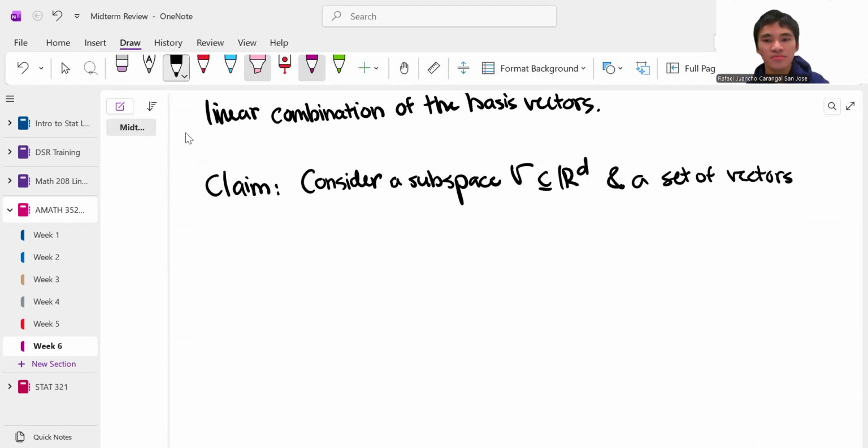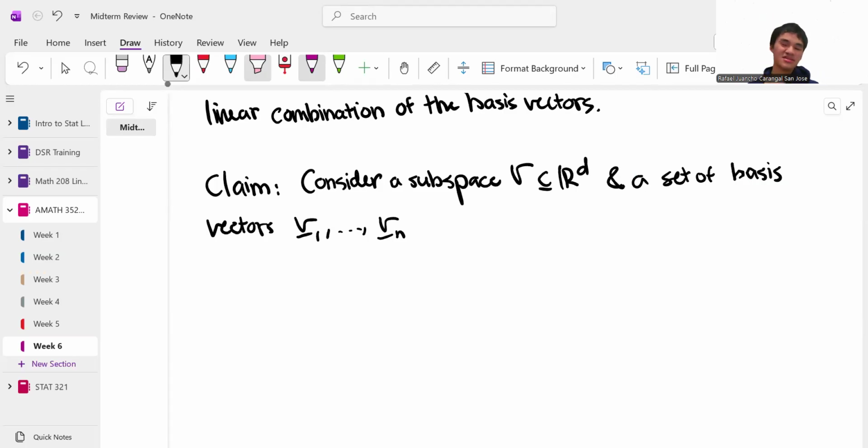Let's be specific: basis vectors. So when we have basis vectors v1 all the way to vn, what does that tell us? It tells us that these vectors span the subspace V. Their span is the subspace V, and the set is linearly independent.